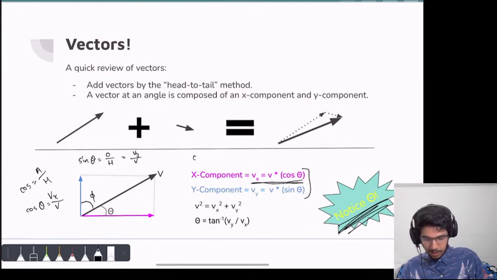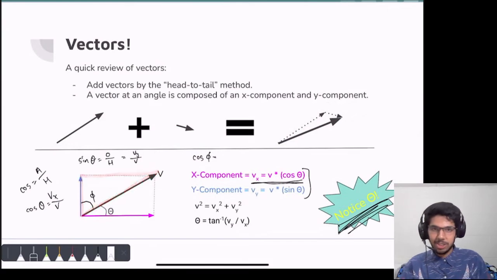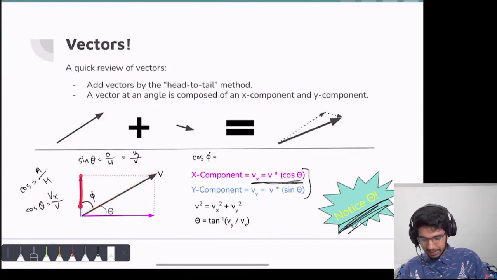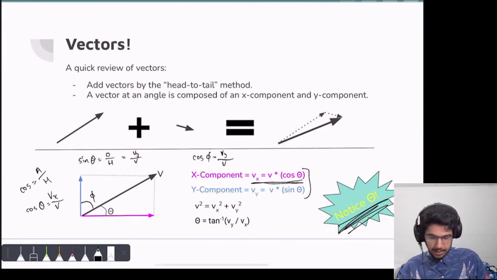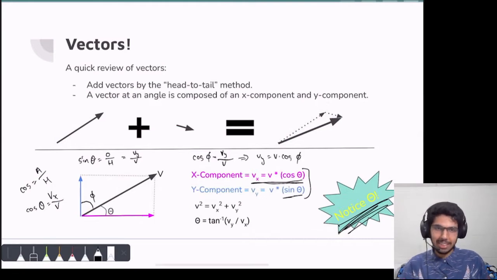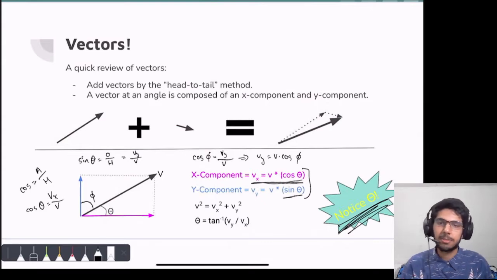Because, for example, cosine of phi is equal to, well, let's look at this triangle again. What's the adjacent side to phi? That's this, so that's vy, and now the hypotenuse is still v. So this tells us that vy equals v times cosine of phi, where here it was sine theta. So we have to be careful where these angles are defined with respect to which components.